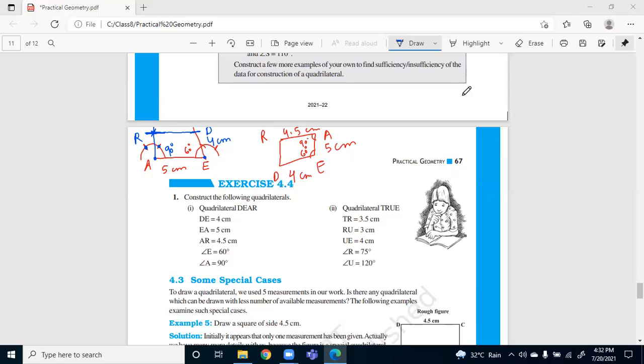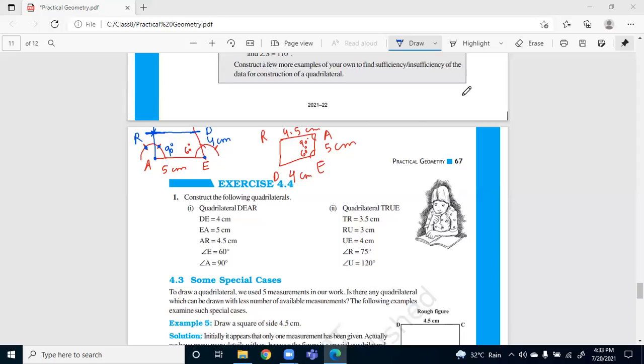If I have not received it, then I will just ask you to send me again. Okay, ma'am. Thank you. So that is correct, Dhriti. So please try second part.